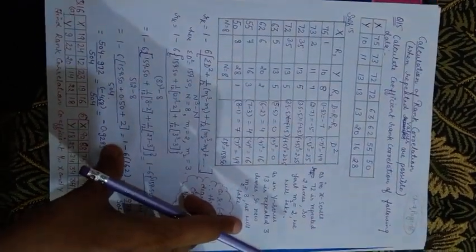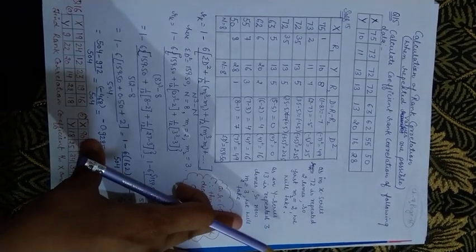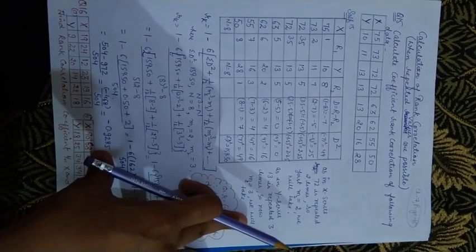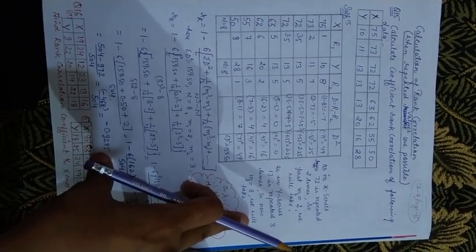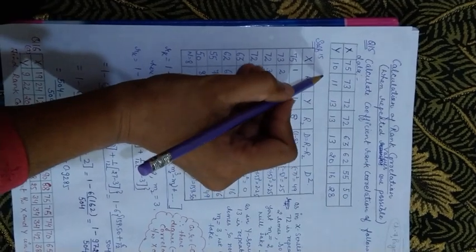So without wasting much time, here you have to use a different formula, and I'll tell you why. First of all, I am arranging this value of x into descending order.